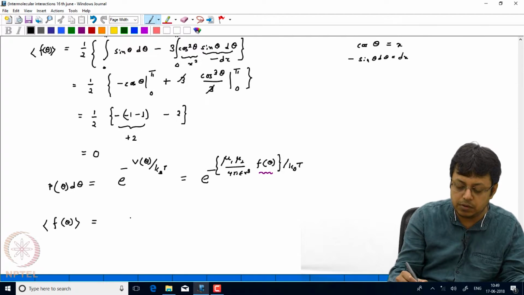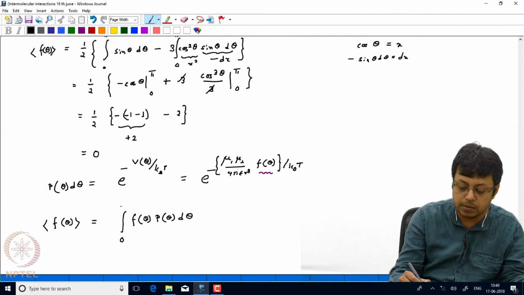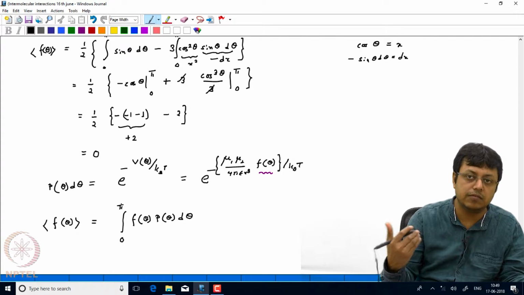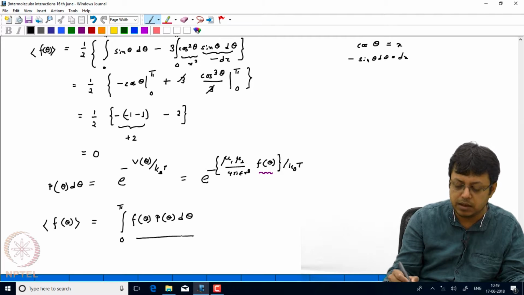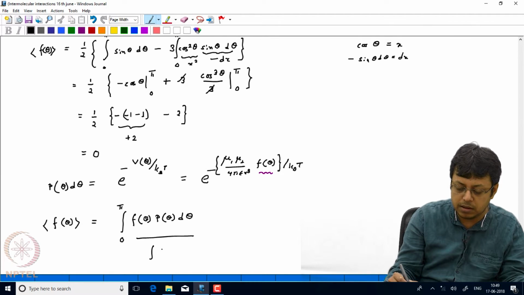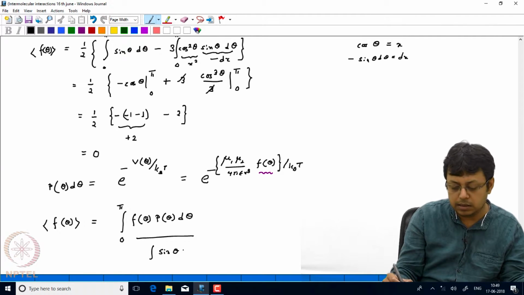To calculate any average value, we have to take that function, multiply it with the probability distribution, and then integrate over all possible thetas, and theta goes from 0 to pi. We are not considering phi right now. We can actually consider phi, and then numerator and denominator will cancel with each other, and I will have sin theta d theta.